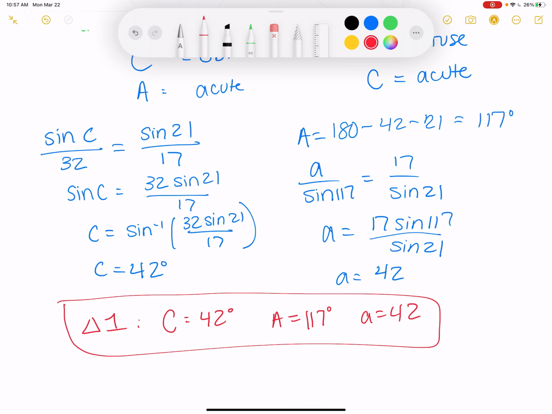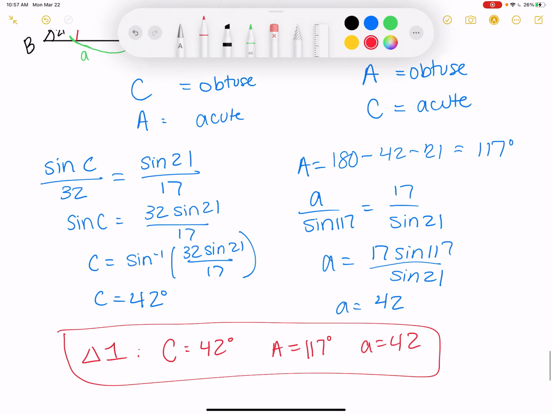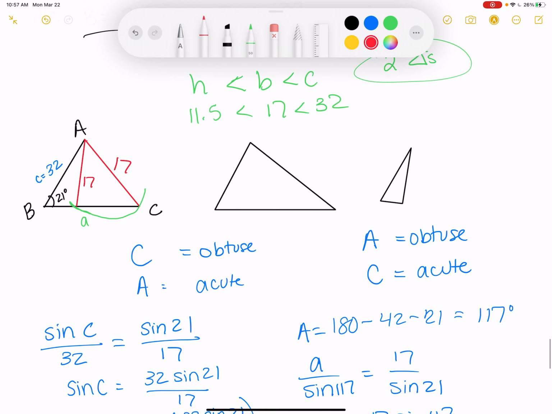Okay, do we understand where we get the triangle 1 stuff from? Would that be the big triangle or the small triangle? Well, based on the picture, since we have A up here, A is a lot bigger here than it is in this one, so it should be the big triangle.